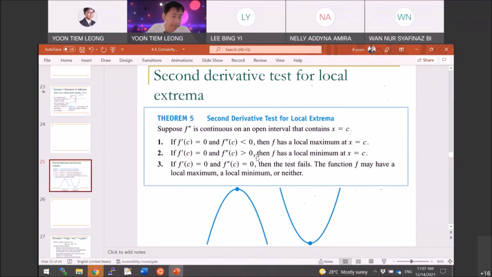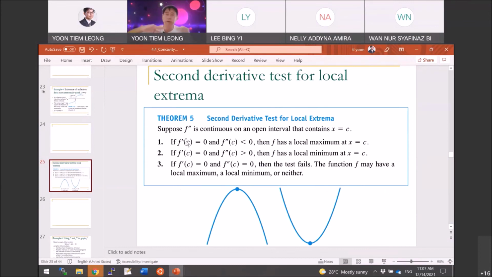Then the next thing you want to ask is how come checking the sign of f prime prime tells you whether it is a local maximum or not? First of all, if f prime is 0, it must mean the slope there is 0.